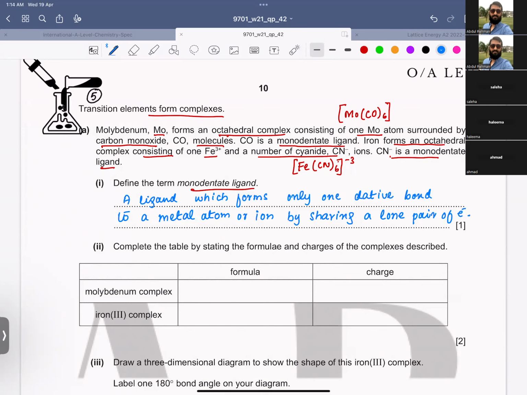Is this understandable to everyone? Yes, sir. Okay. Now complete the table by stating the formula and charges of the complex described.